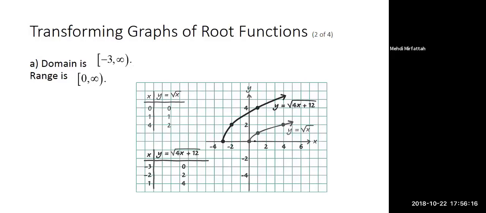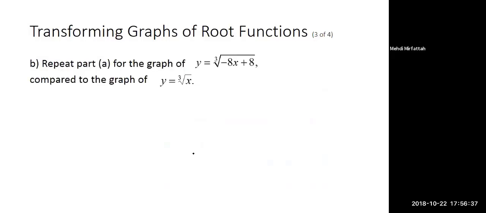The range didn't change, however, the domain did. The domain was from 0 to infinity for y is equal to the square root of x. Now when I shift this to the left, the domain is from negative 3 all the way to infinity. And we can easily verify all these by hand or use your graphing calculator. We want to repeat part A for this new graph.